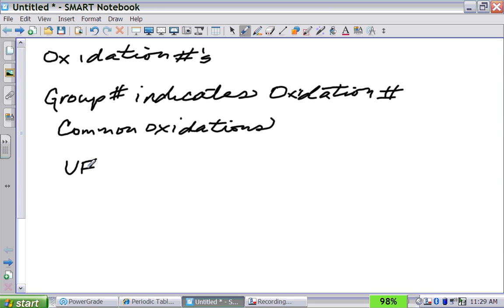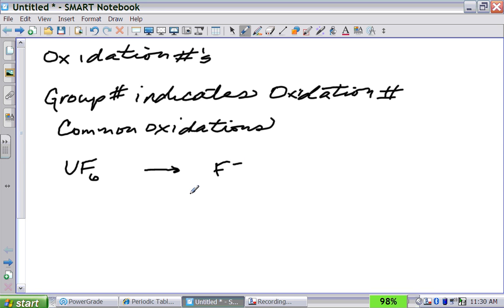So let's start off with UF6. Okay, U represents uranium, so this is uranium fluoride. And what we're going to do is put this with the correct subscript. The first thing you want to do is identify the oxidation numbers that you know. In this case, we know that the common oxidation number for fluorine is always going to be a 1 minus.